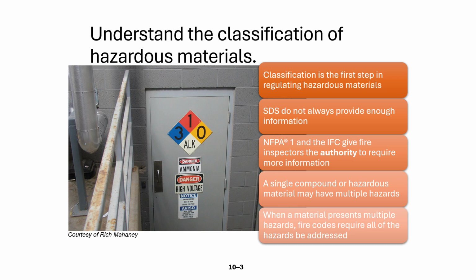If we are presented with multiple hazards, the fire code says we have to address all of them. So with this anhydrous chlorine, we have to figure out how it's stored, and depending on the storage and the quantity, what the requirements of the International Fire Code are, and from NFPA 55, what the requirements are as a liquefied compressed gas that is an oxidizer, is corrosive, and is toxic.